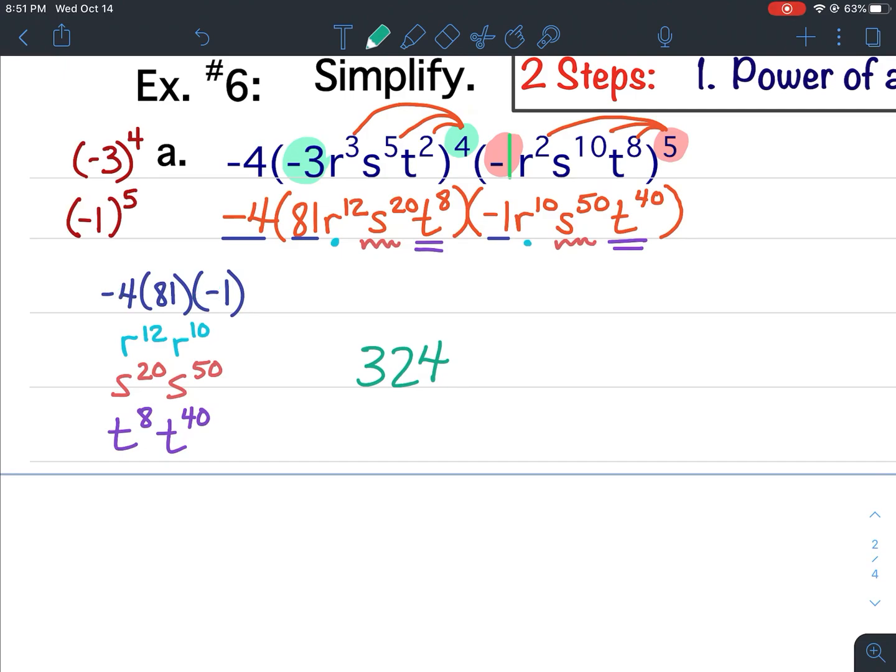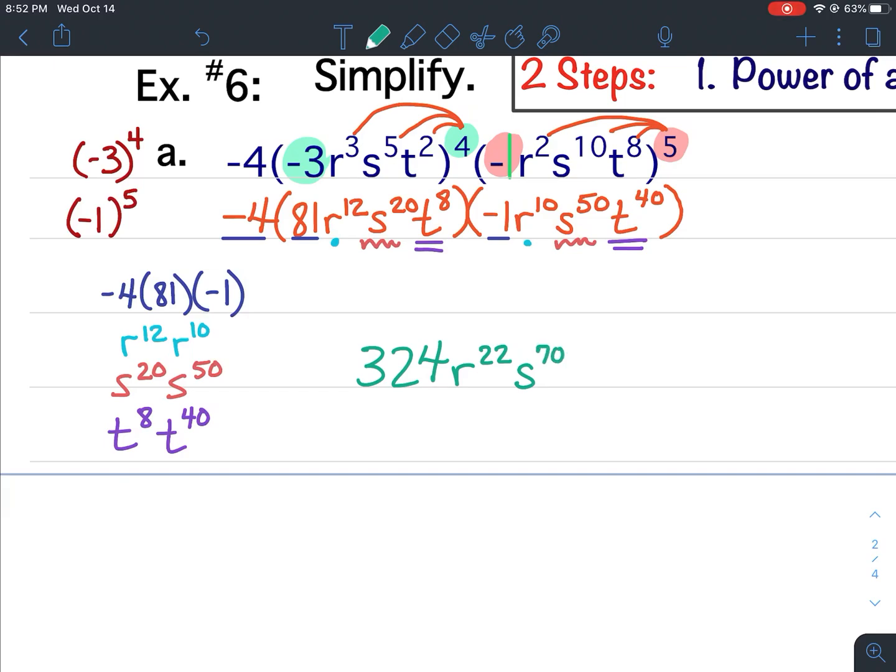Now when multiplying, we add our exponents. So 12 plus 10 would give me r to the 22nd. Oh, I'm sorry, try that again. 20 plus 50 would be s to the 70th.